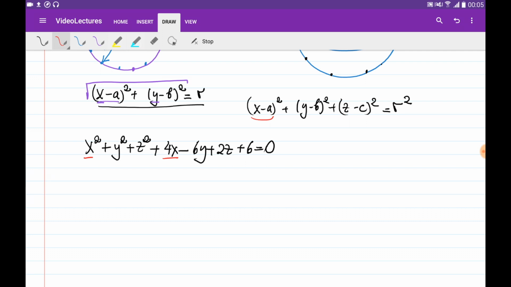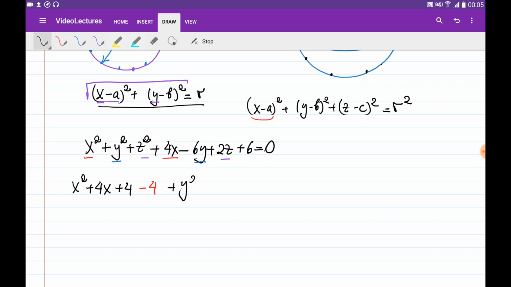We say that x minus some constant squared is a complete square. So let me write them separately. Let me start with x squared plus 4x, right? In order to make a complete square, we need to add a 4, and since we add a 4 artificially, we need to subtract it, so that the equation doesn't change.